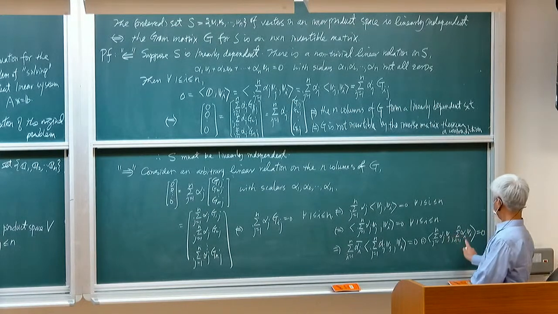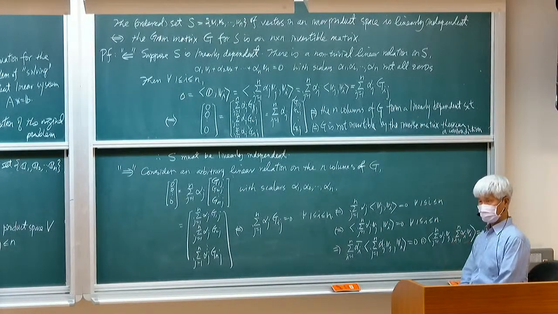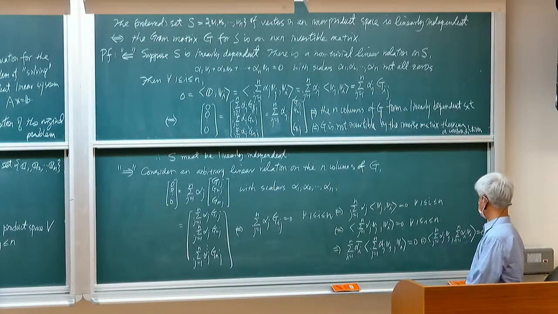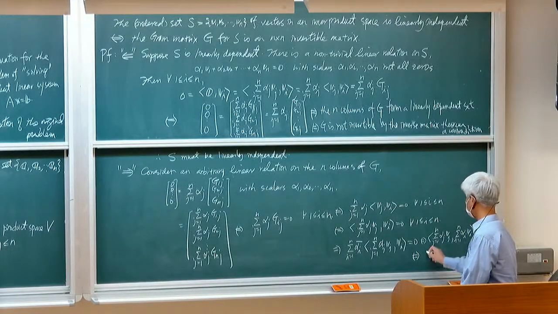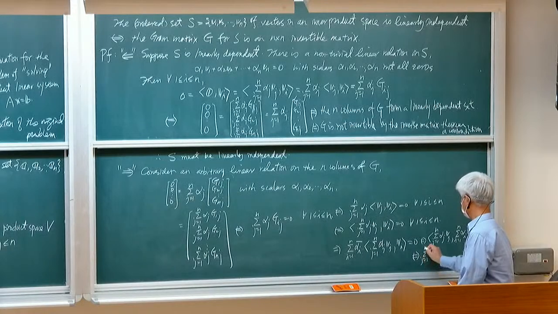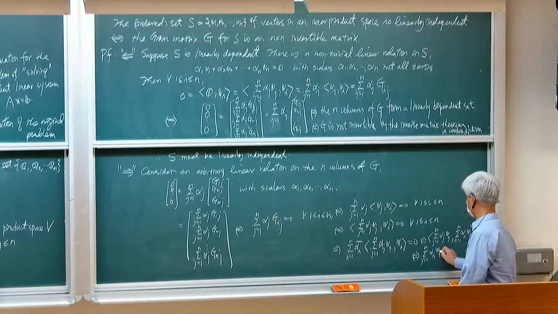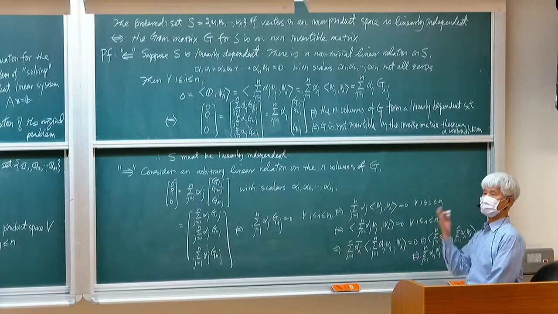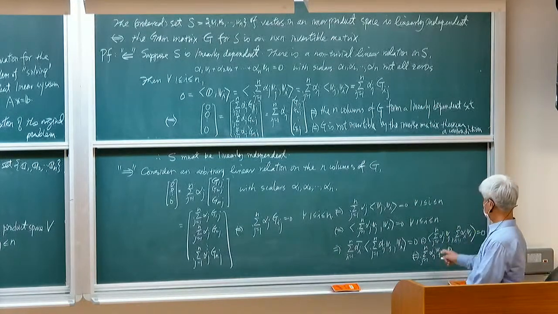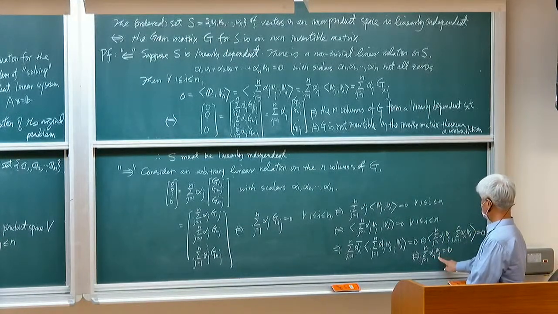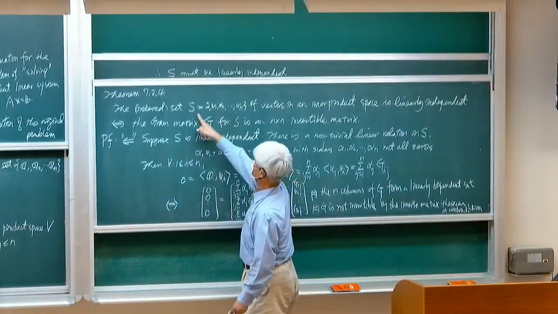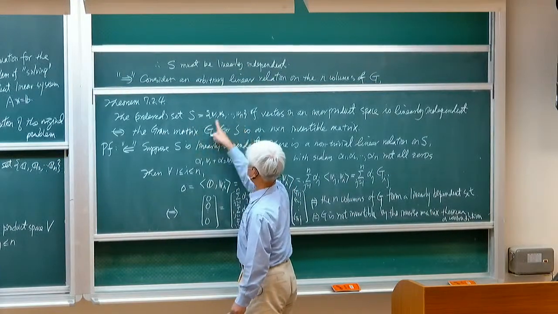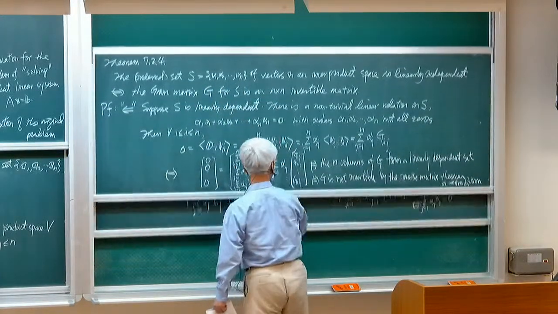But these two vectors are the same. So by the positivity of the inner product, this is saying that the summation of alpha j Vj is the 0 vector. Now, we have a linear relation on the Vi's, but we assume that S is linearly independent.